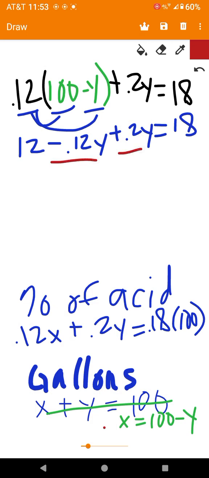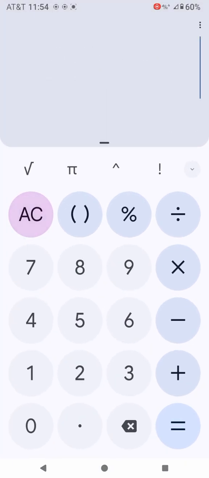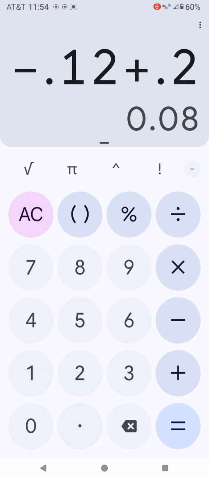So negative 0.12 plus 0.2 is going to be 0.08.